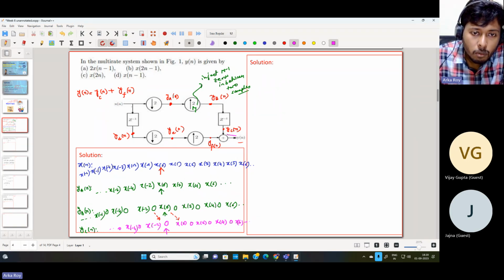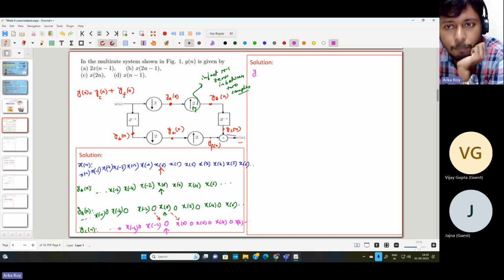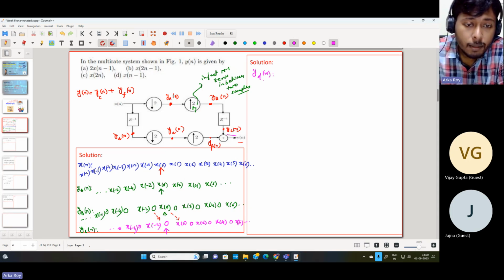Now we have to see what is YFN. So let us proceed through this particular branch. The first output is basically the YDN. So let me write what is YDN. YDN is basically the shifted version of X of n with a delay, or with a right shift of 1.